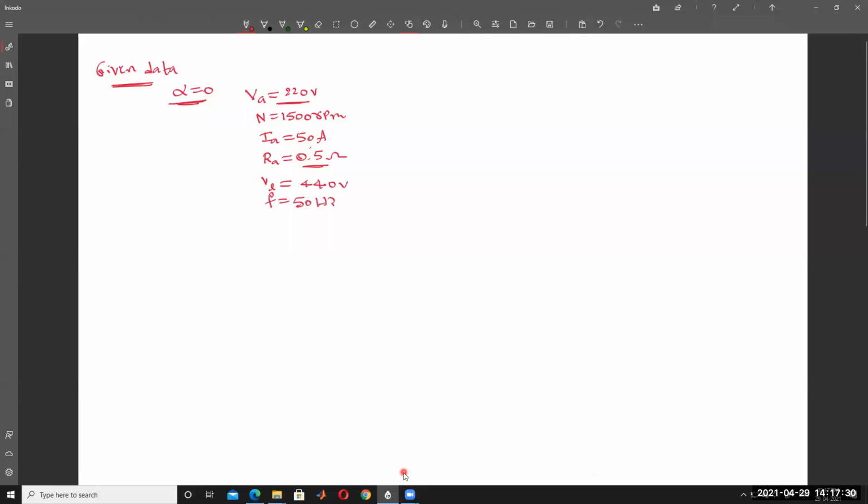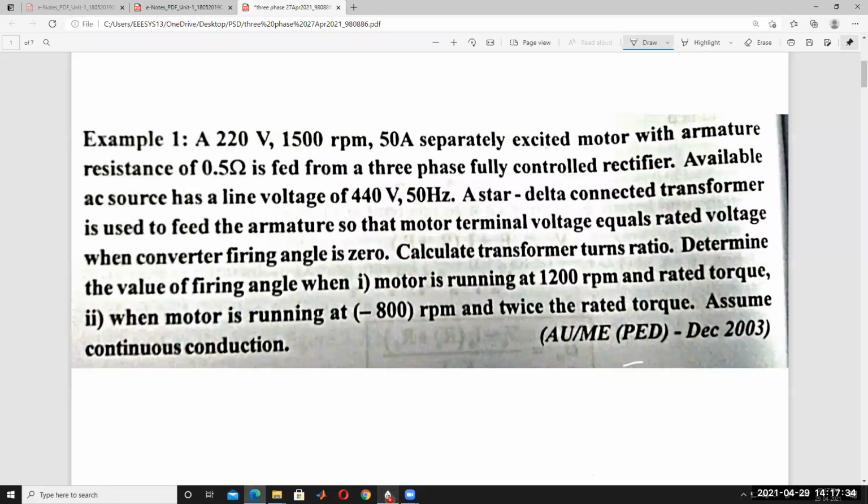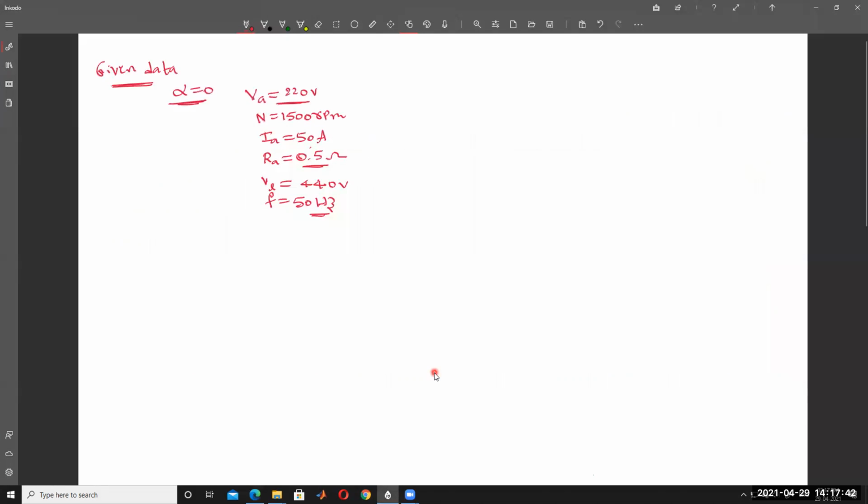So that is the given data. Then find the turns ratio, which is V1 by V2, equal to N1 by N2.